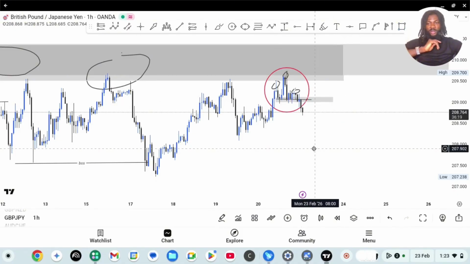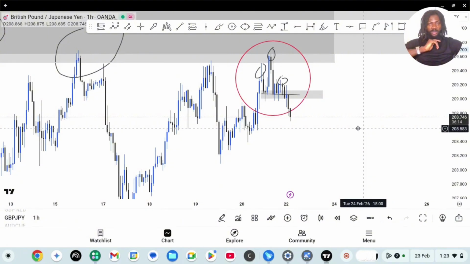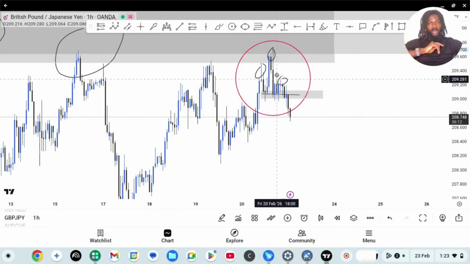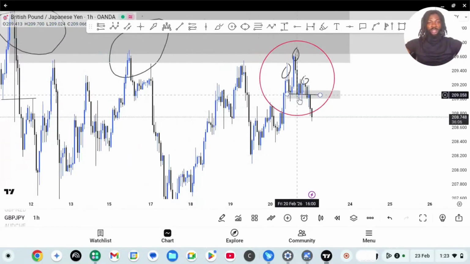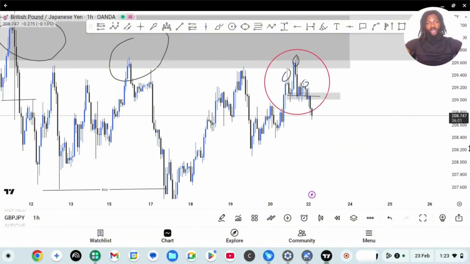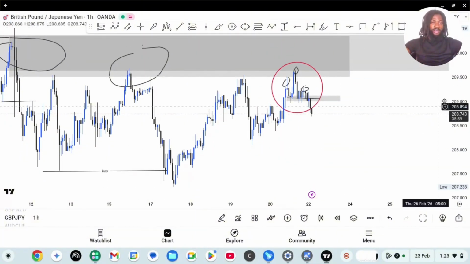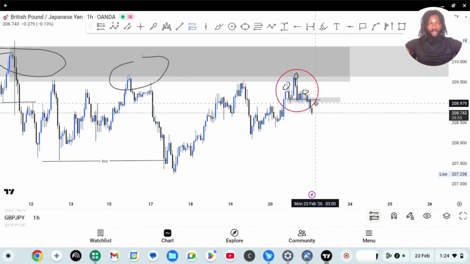All right, so for me, when you look at the candles, you will see anytime the market bounces on this resistance, it always moves downwards. Okay, so now we can enter this trade from here.